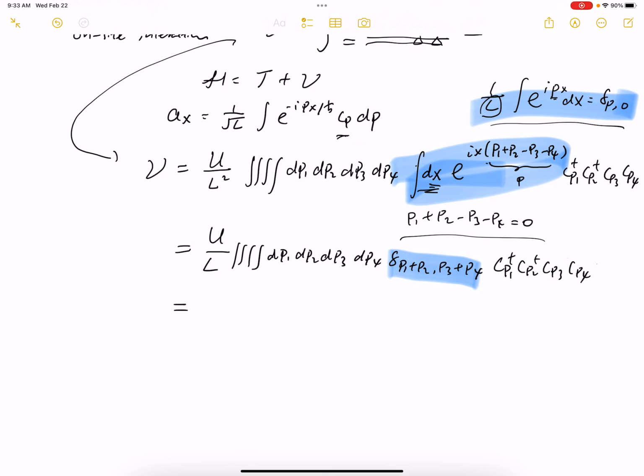We can just keep this, but keep in mind that this can be further simplified to just 3 integrals. So we can just integrate over 3 of them, and the P4 we can just change to P1 plus P2 minus P3. So it's effectively just 3 integrals in this case.